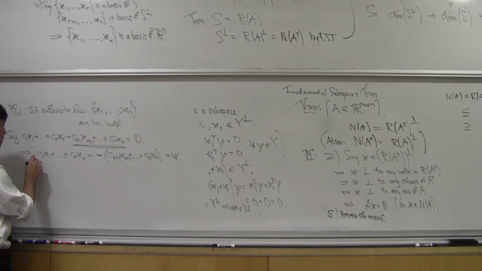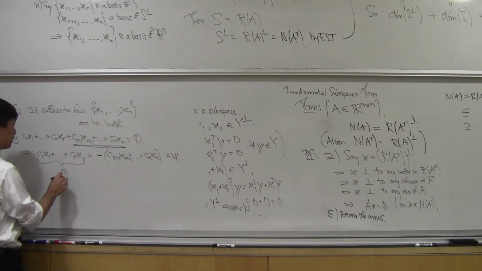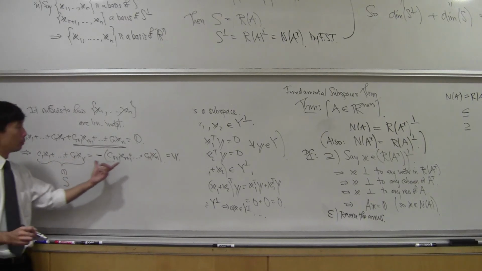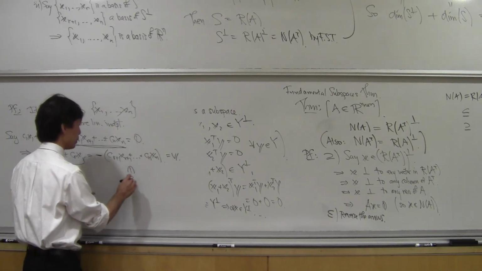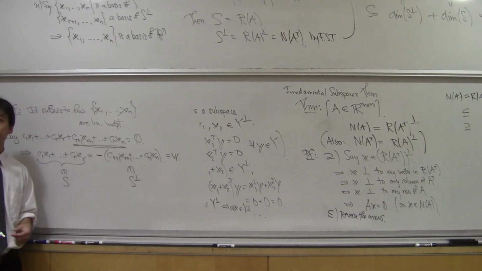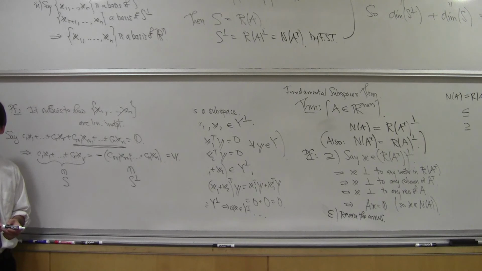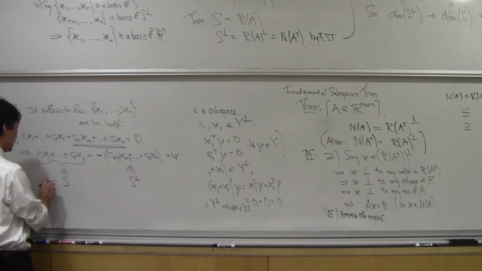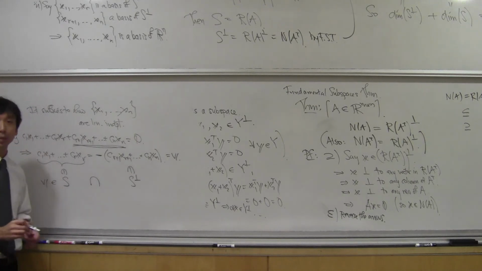Now V is in S, because V is the sum of these vectors in S. But V is also in S perp, because these vectors are all in S perp. So V lies in S, and it also lies in S perp.